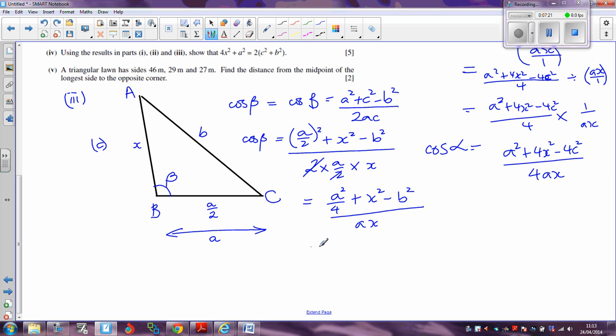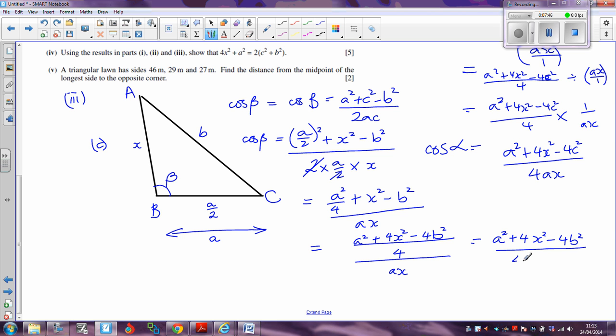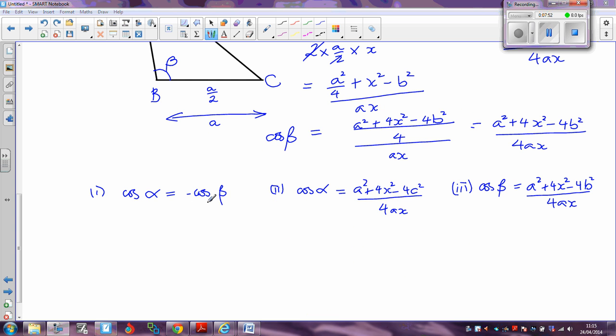Tidying up in the same way, the common denominator on the top is 4, so that becomes a squared plus 4x squared minus 4b squared, all divided by ax. The top is a squared plus 4x squared minus 4b squared, and the bottom becomes again 4ax. So that's my expression for cos beta.